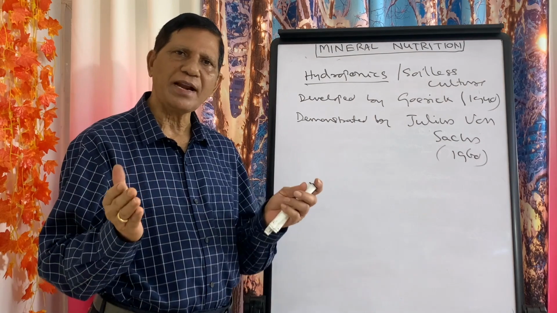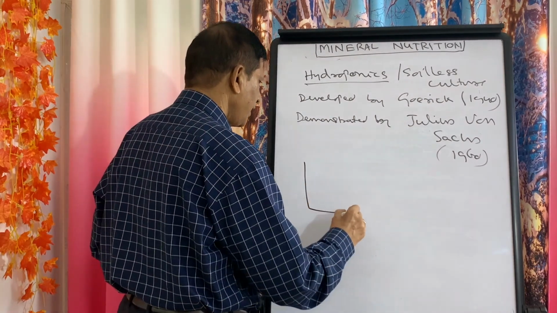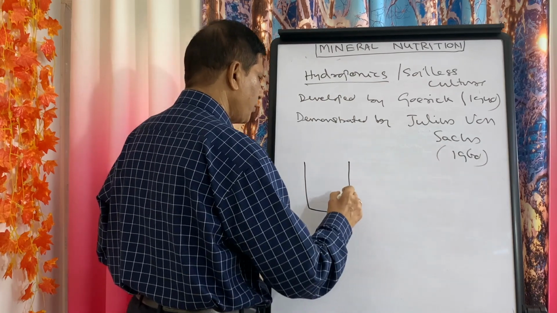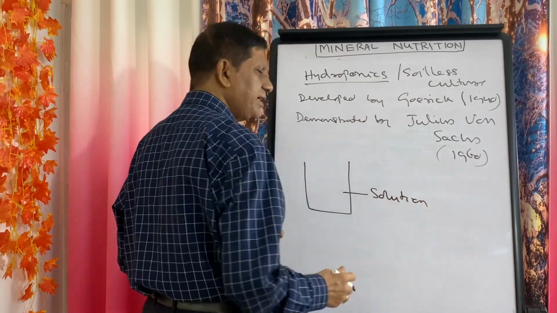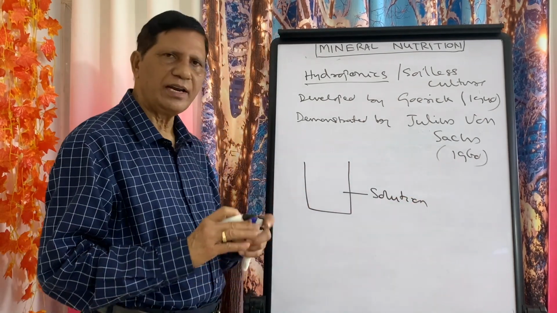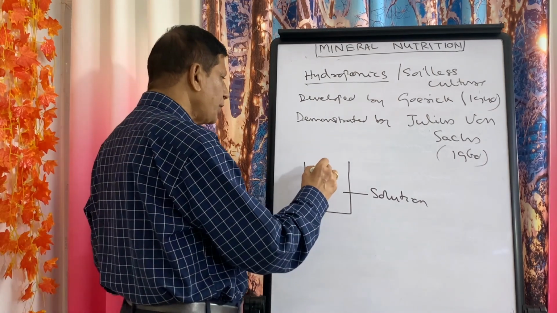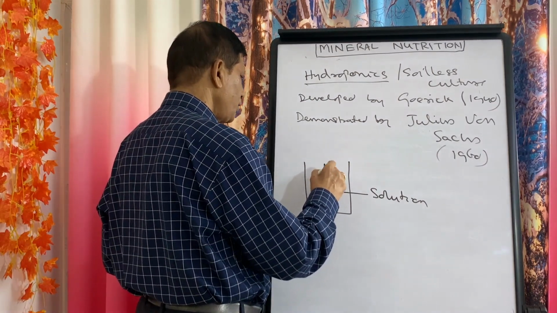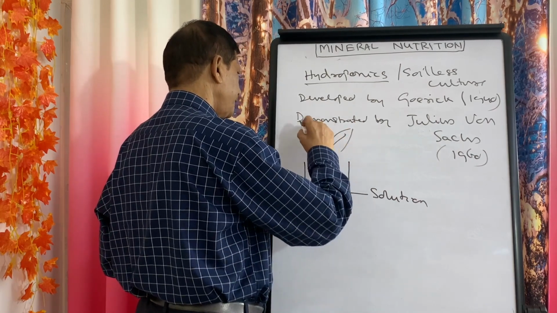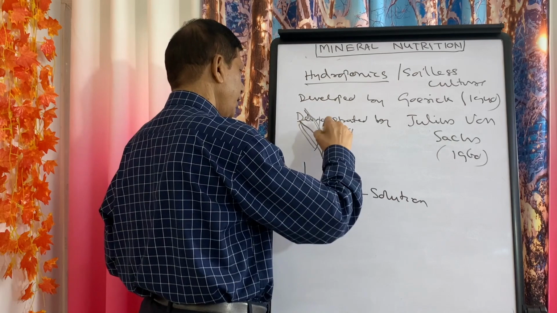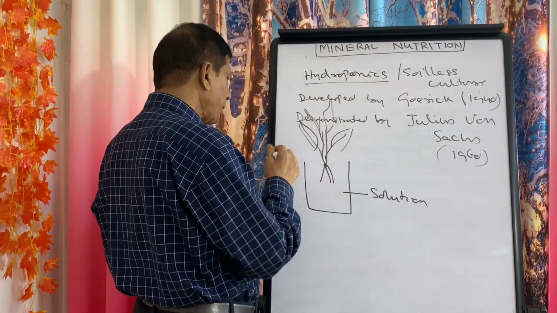If we can provide anchorage outside, suppose we take a beaker where we put some solution, and the solution is a mixture of water along with the different dissolved minerals. Suppose we put a plant here, just for the purpose of anchorage.